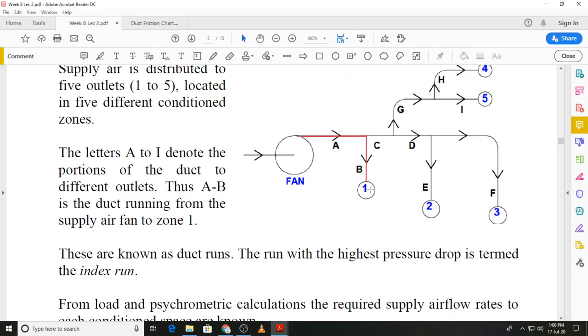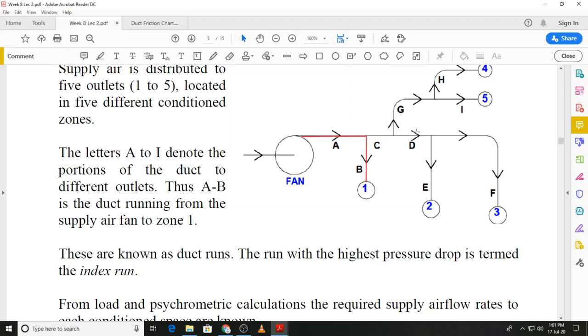So if we talk about run number 1, run number 1 consists of segments A and B, and in this run we have the straight part of the duct, and there might also be dynamic losses due to any fittings. For example, if there is a T over here, or there's a bend somewhere, or an elbow, that will lead to minor losses or dynamic losses. Similarly, at the exit there will be dynamic losses. Even at the inlet into the duct there are going to be dynamic losses. So we have to calculate the pressure drop through each of the runs.